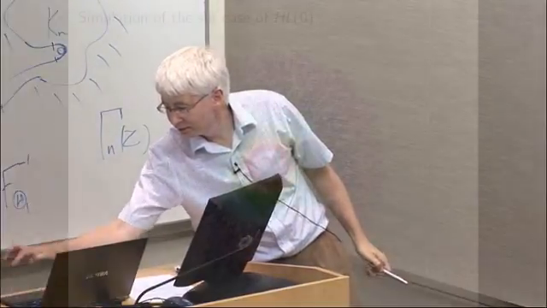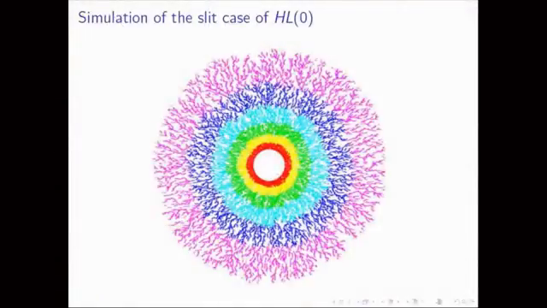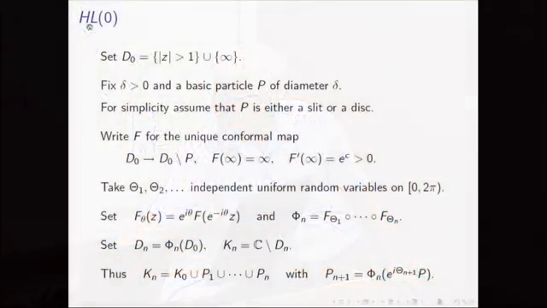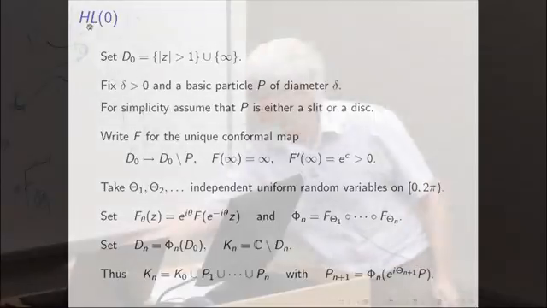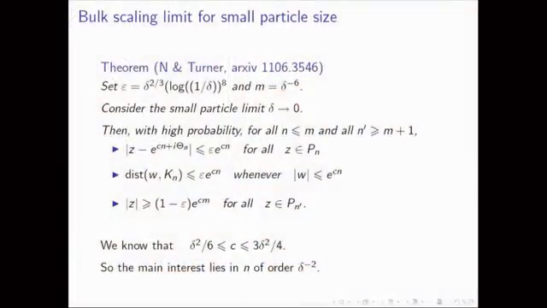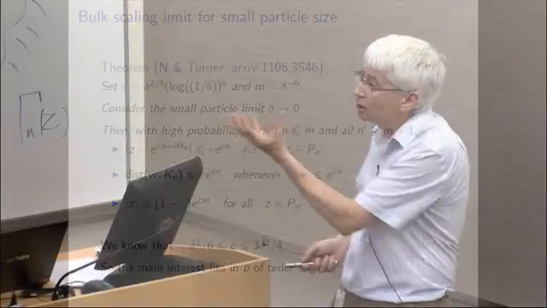This is despite the fact that the cluster has an extremely complicated boundary, and in principle it could be attached anywhere. The particles don't get attached just anywhere, they just get attached on a scaled up version of the unit circle. And the particles don't get distorted hugely. They're all close to e to the Cn plus i theta n.